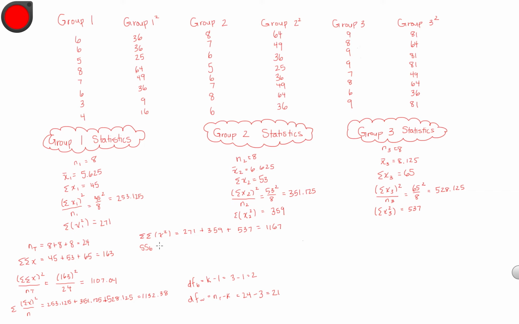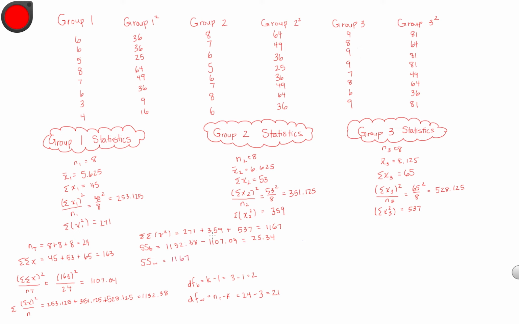But for sums of squares between, we're going to plug in this first term here, 1132.38, which is what we found right over here, minus 1107.04, which gets us 25.34, and SS within equals 1167.